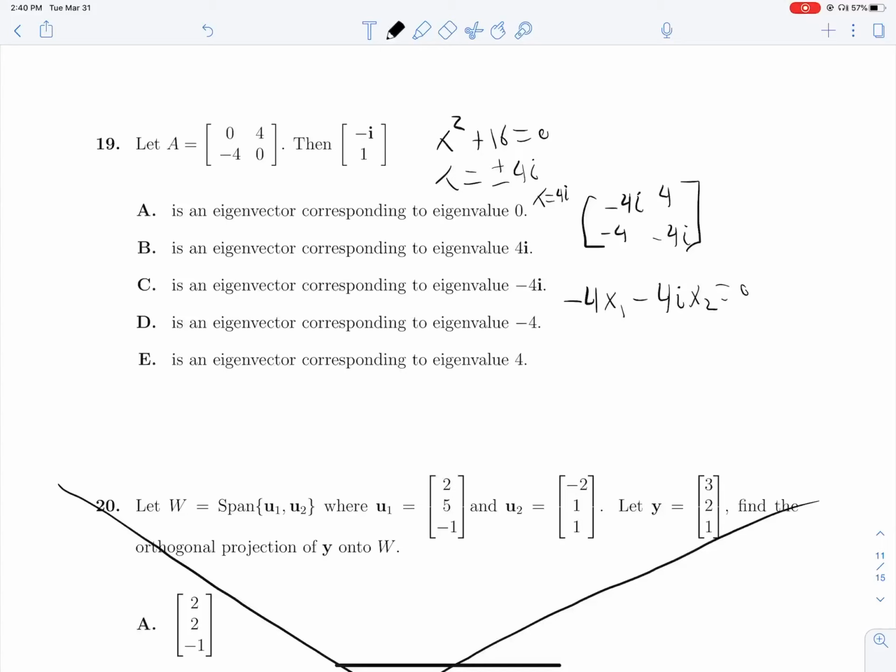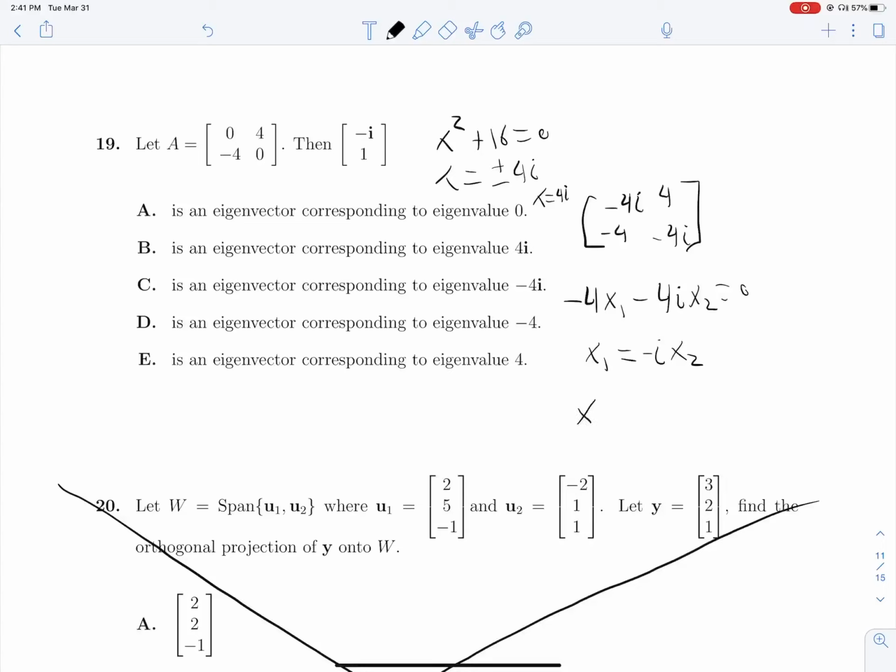We can simplify this a little bit more by saying that negative x1 is equal to i x2, and we'll switch the negative sign there. Now this is actually looking pretty good.